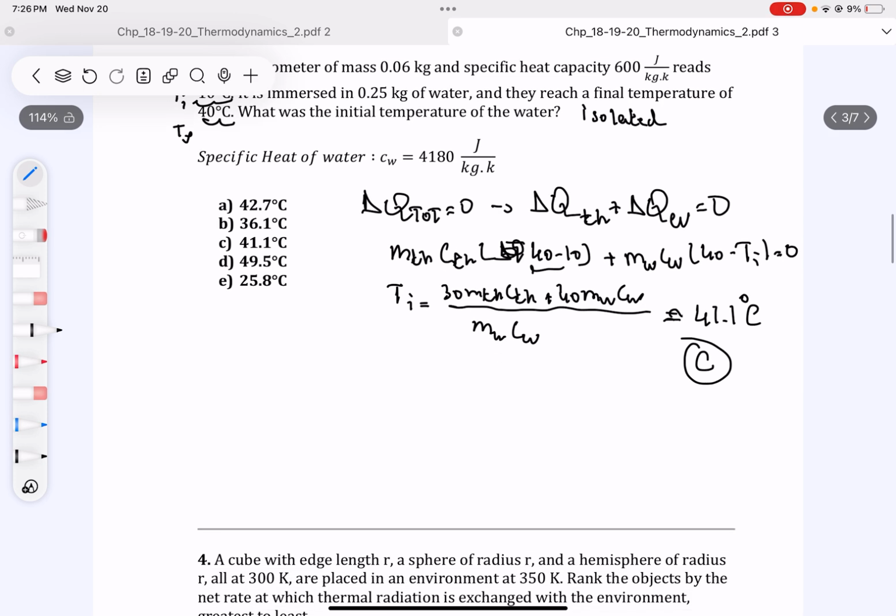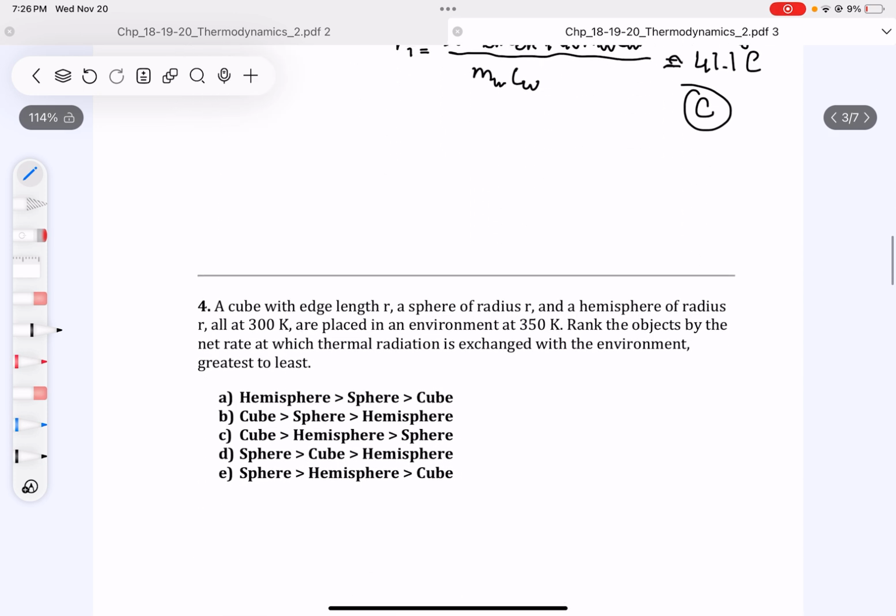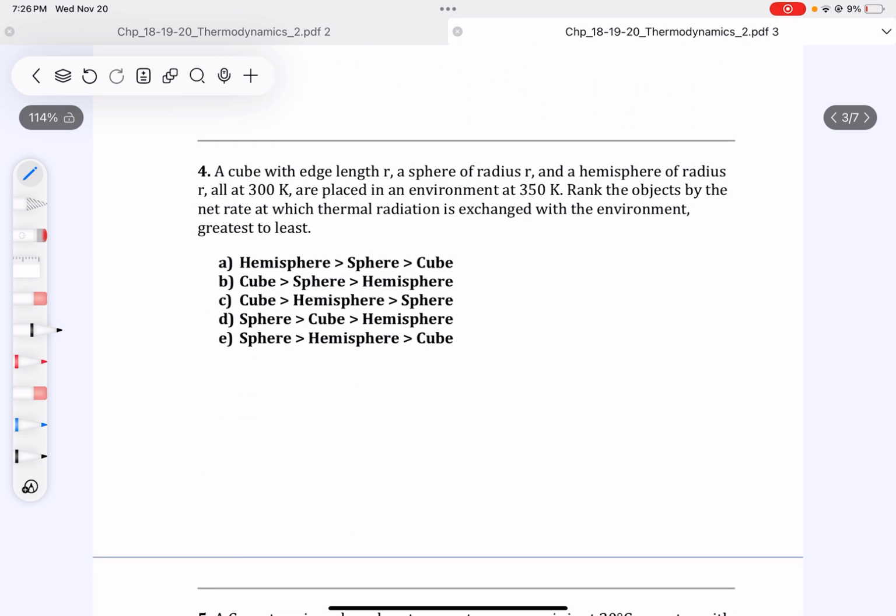A cube with edge length r, a sphere of radius r, and a hemisphere of radius r, all at 300 K, are placed in an environment at 350 K. Rank the objects by the net rate at which thermal radiation is exchanged with the environment, greatest to least.